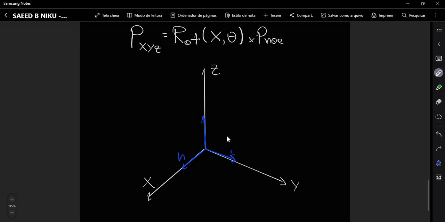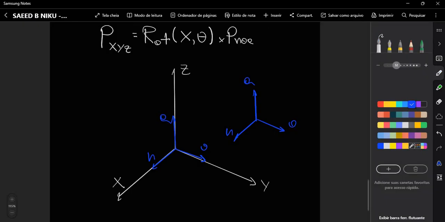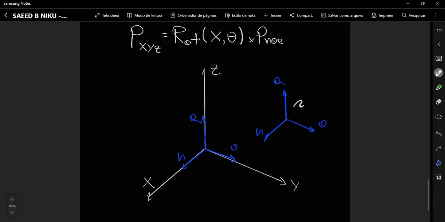N, O, A. And now let me draw again right here, and I'm gonna rotate this axis, this referential system. And now let me pass a dashed line after the rotation. Okay.